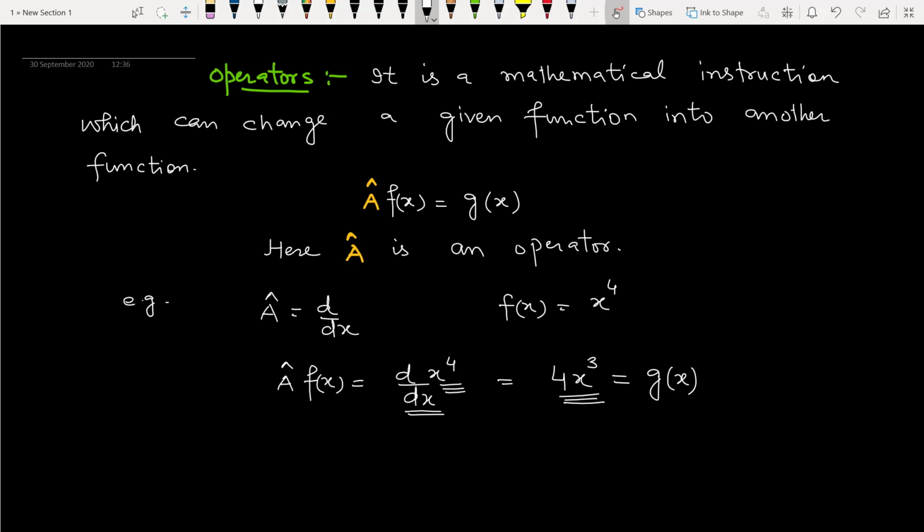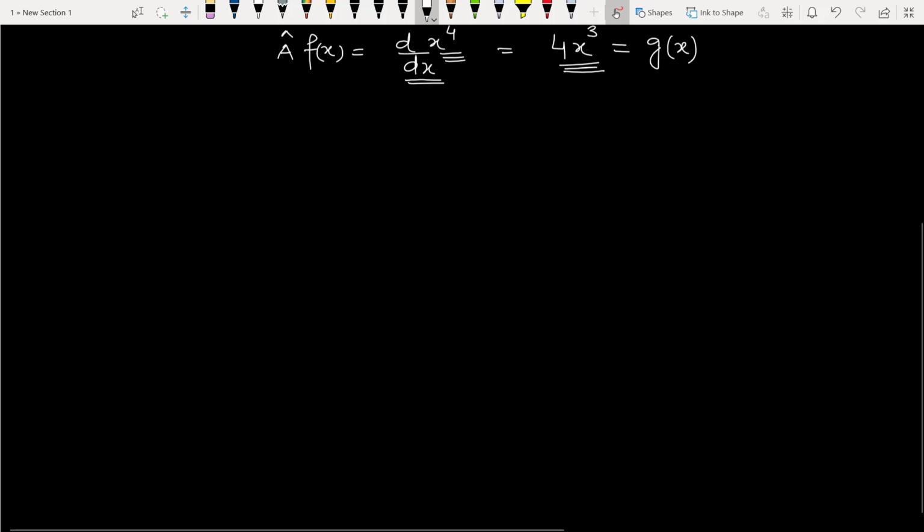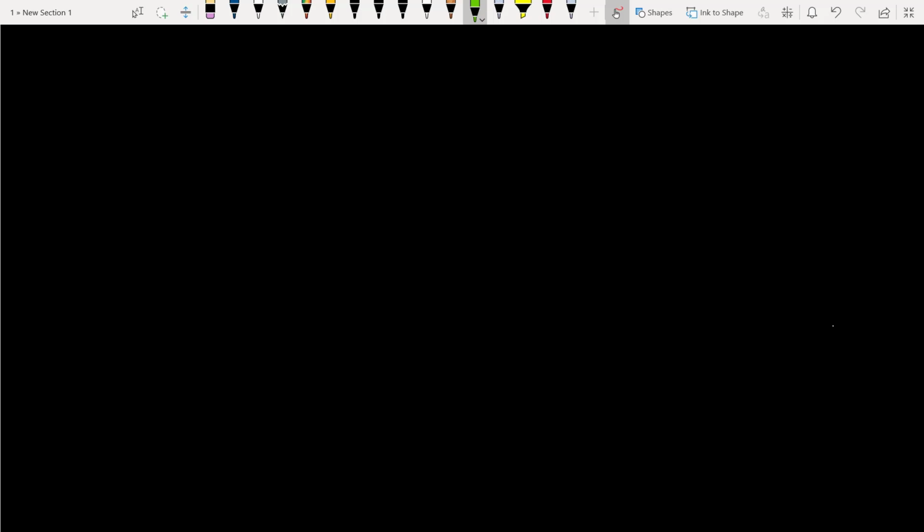So operator is a mathematical instruction applicable on one function that gives us another function. As we are to study the operators in quantum mechanics, our main operators in quantum mechanics are linear momentum operator.